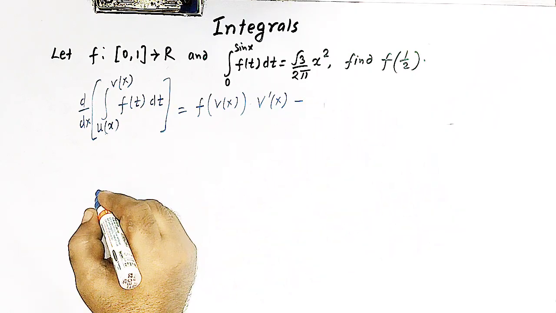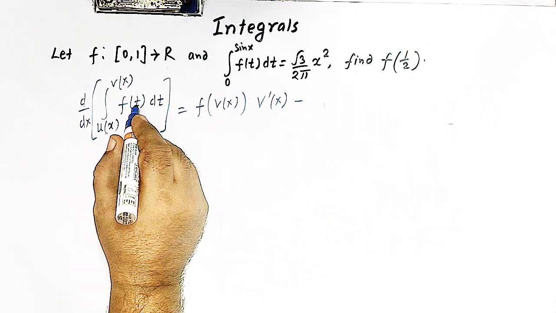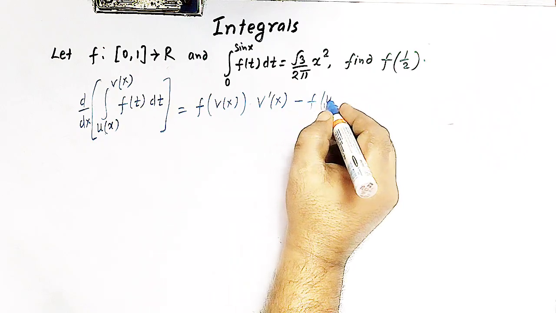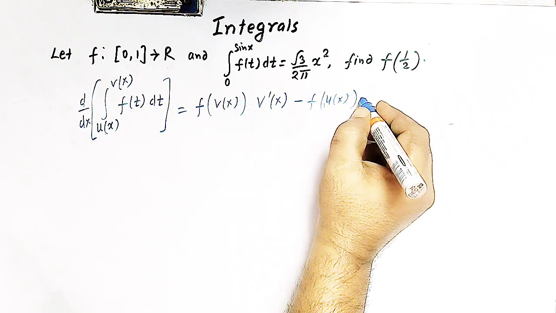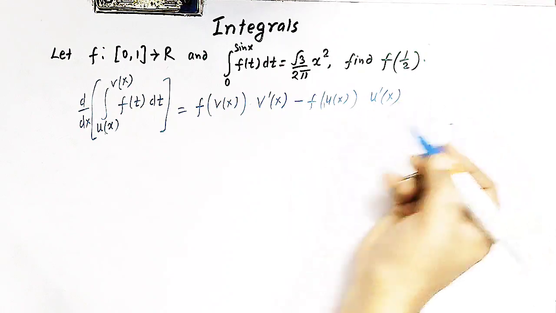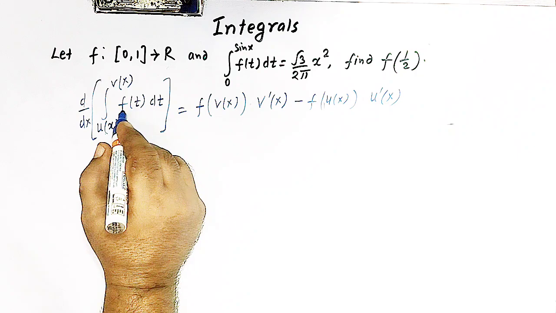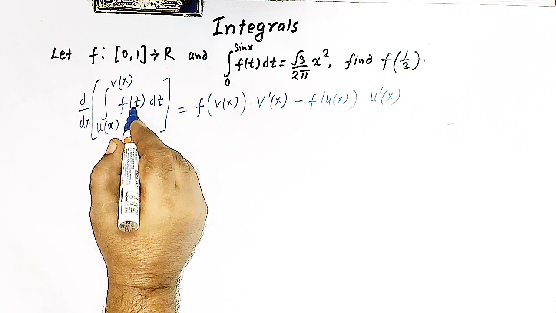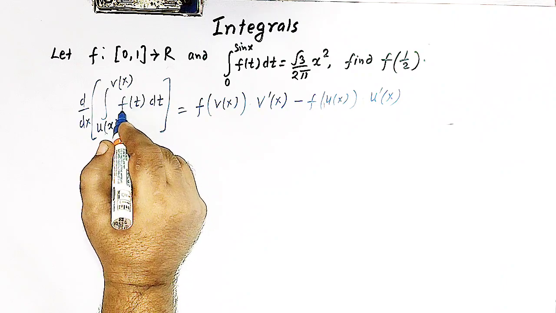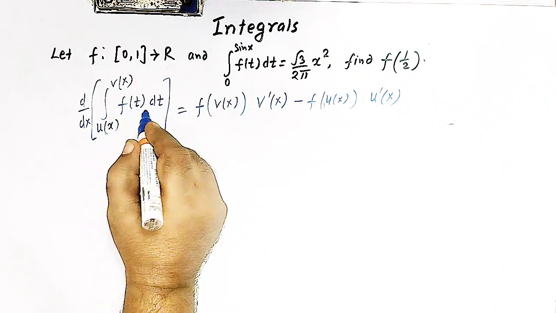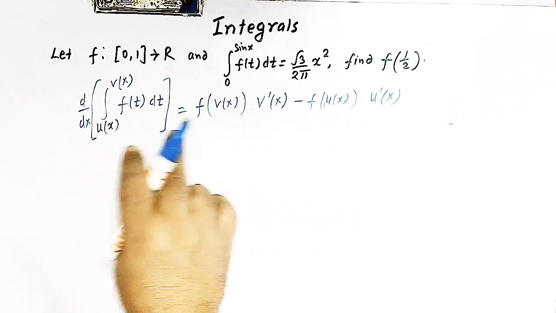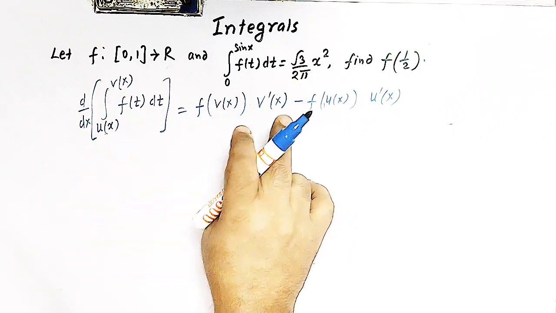Then we have a negative sign, and we replace t by u(x), so we have f(u(x)), and then we differentiate u(x) with respect to x. Here we are considering the function f of t only.